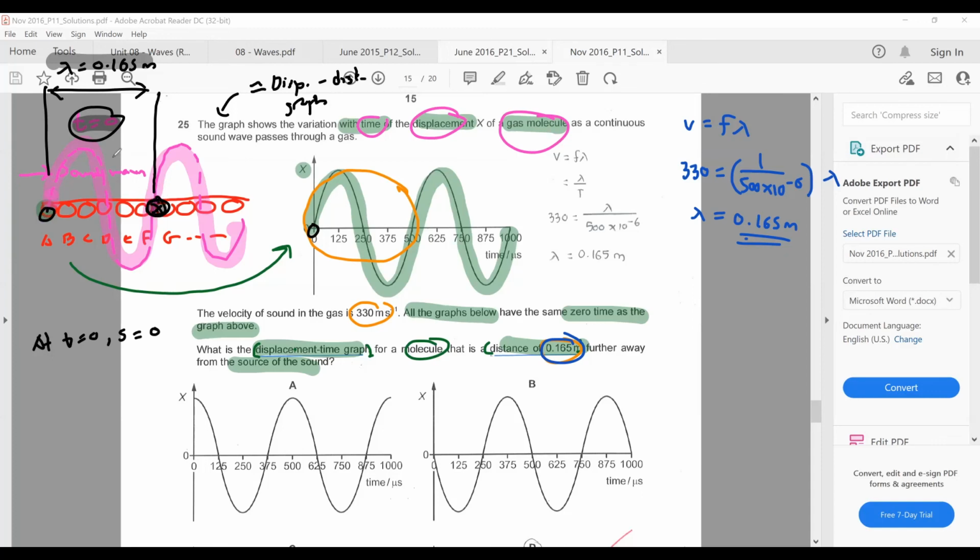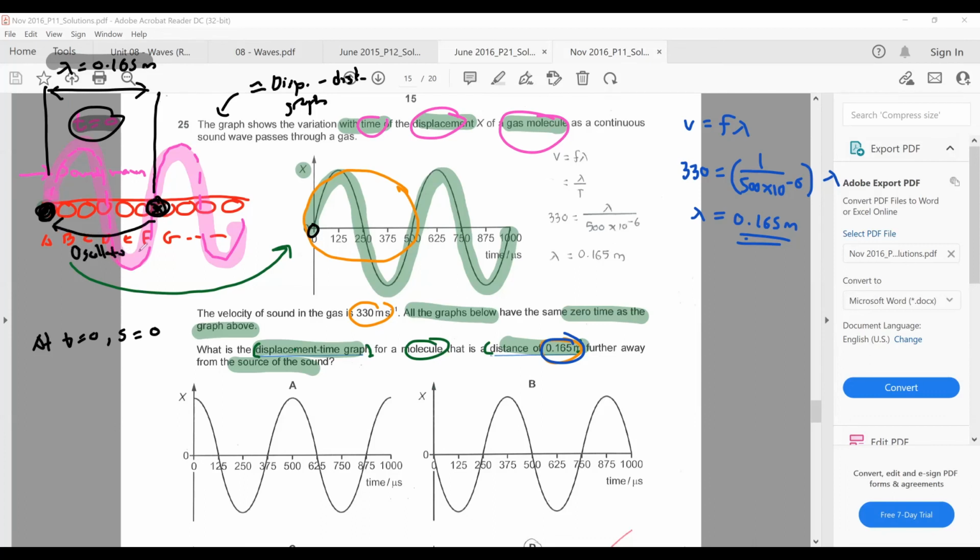Because it's one wavelength away, one cycle away, this particle will move in exactly the same way as the original particle, because they have a phase difference of 360 degrees. Remember I mentioned, if you have a phase difference of 360 or they are in phase, the particles will always have the same displacement and always be moving in the same direction.